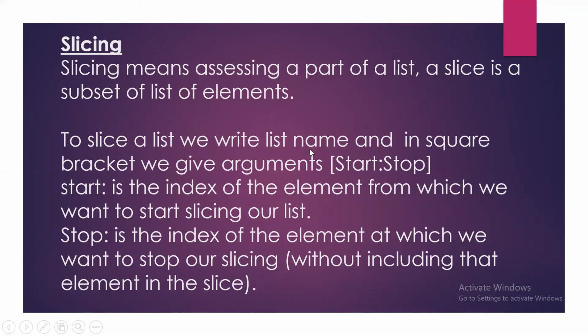we type the name of the list and we have to give arguments inside square brackets, and those arguments are a starting point and ending point. So we write the name of the list and we type the index of the starting element as start and stop.